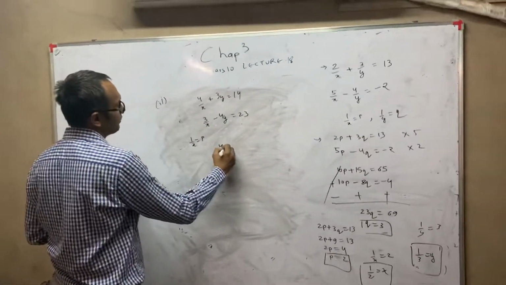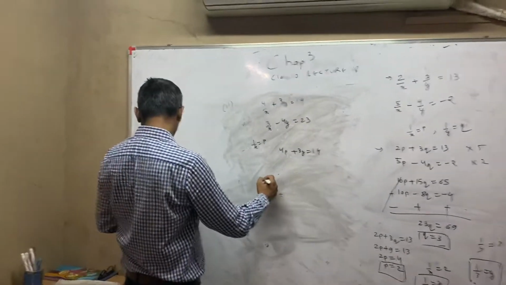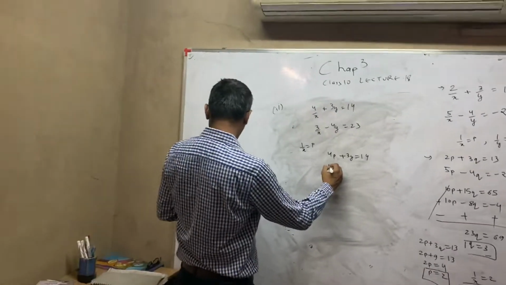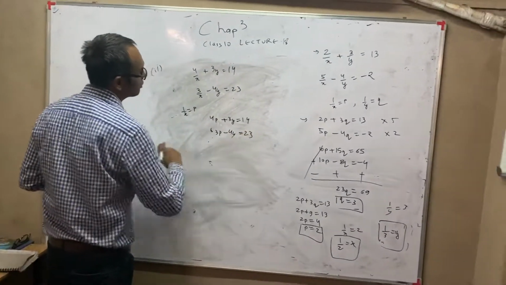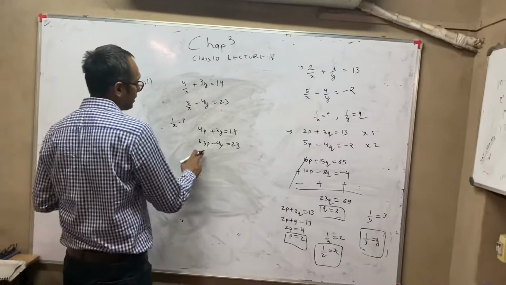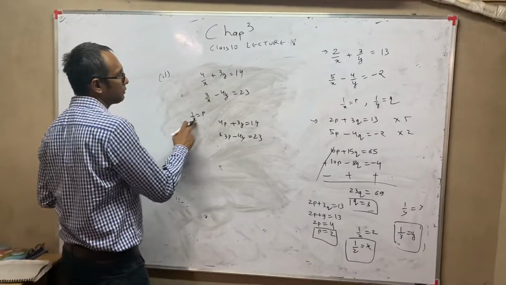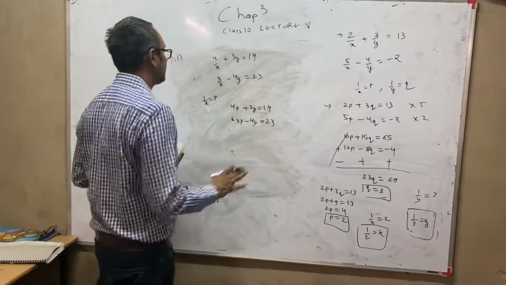Okay. So the equation becomes 4p plus 3y equal to 14, and the other one becomes 3p minus 4y equal to 23. Now you solve it normally by whatever method you want, and here again once you get the value of p, you have to put it here to get the value of x, and y though is normal only, so whatever you get for y, that is the answer. Okay.